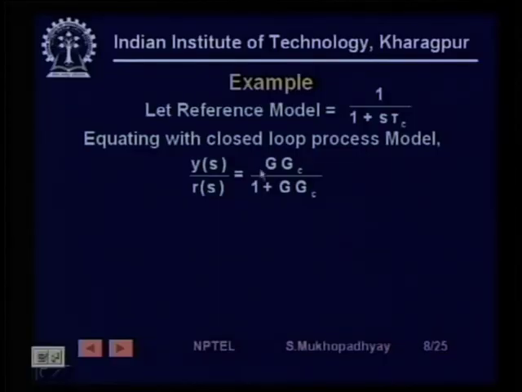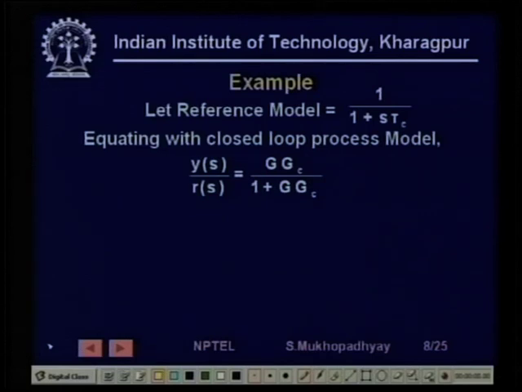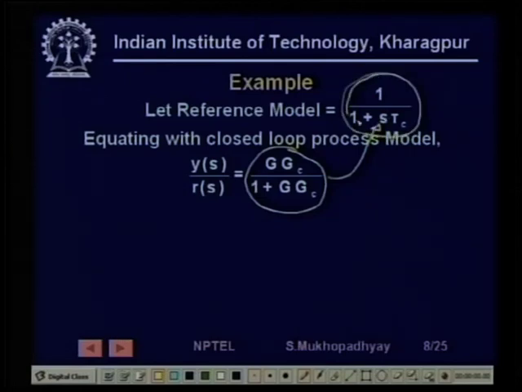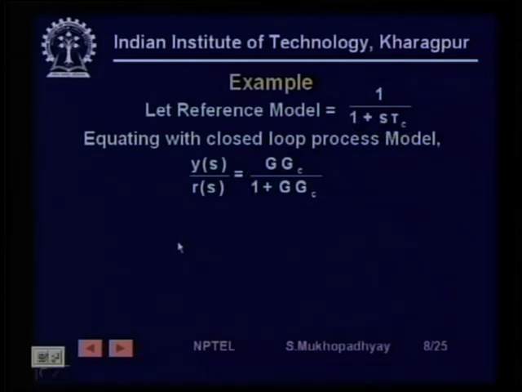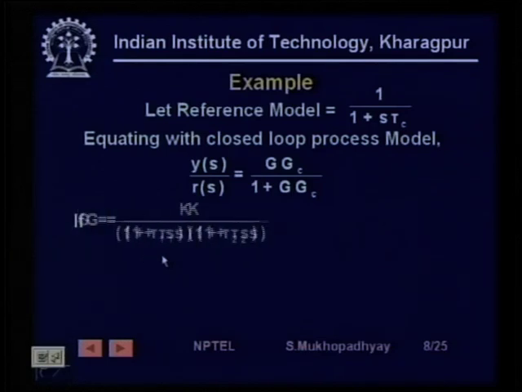Now obviously I want this transfer function GGc by 1 plus GGc to equate to the reference model. If I equate them, then, what is the plant?